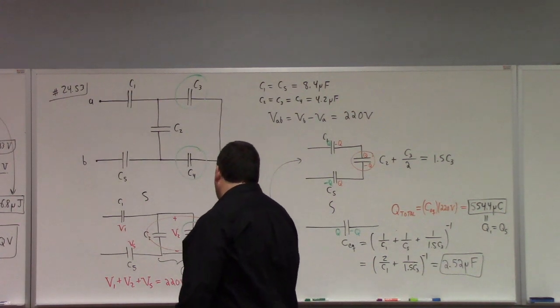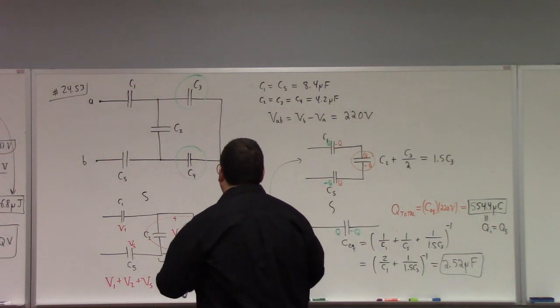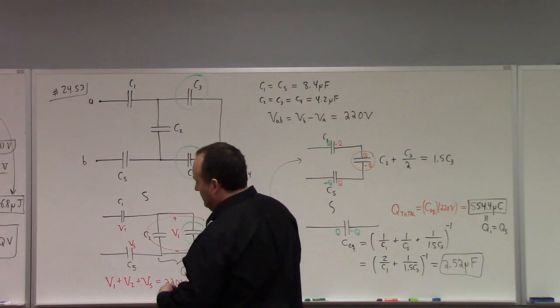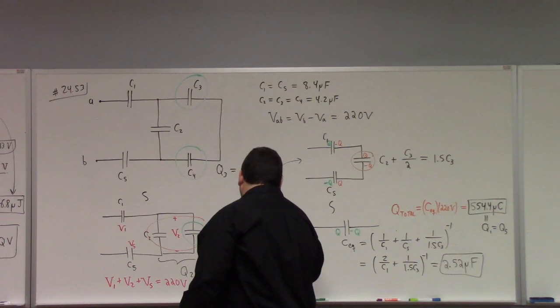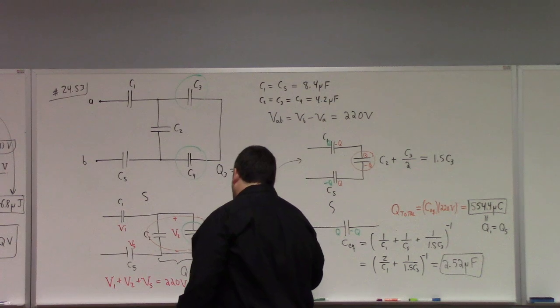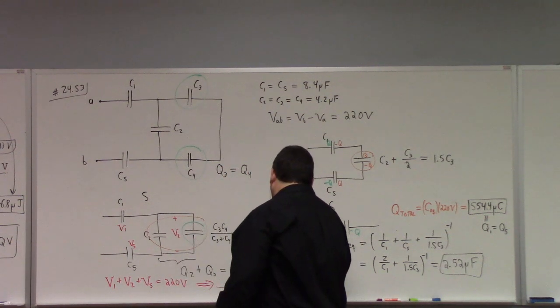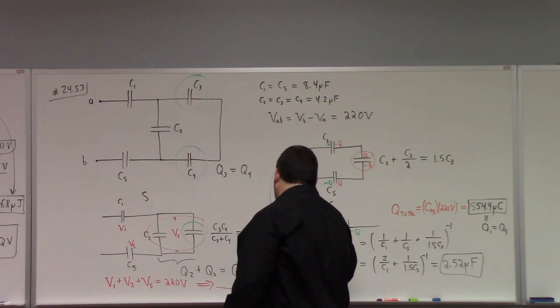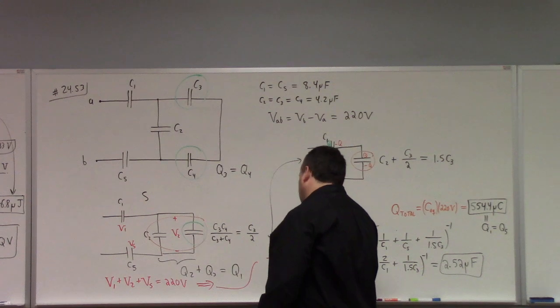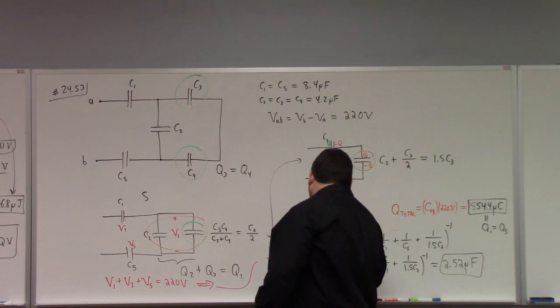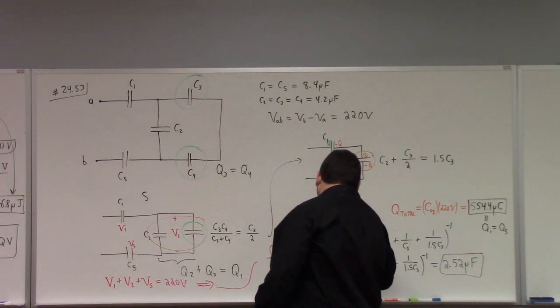V1 and V5 are Q1 over C1. So I've got Q1 over C1 plus Q5 over C5, which is also Q1, plus the voltage I don't know, is equal to 220 volts.